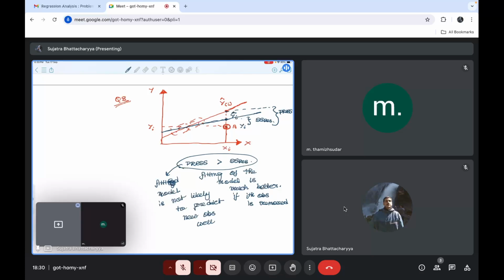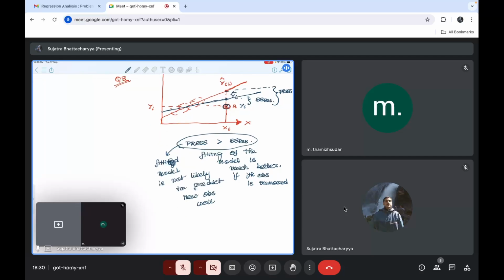Because there is an error, you can clearly see that because of the inclusion of this point, right? So this is the last question.